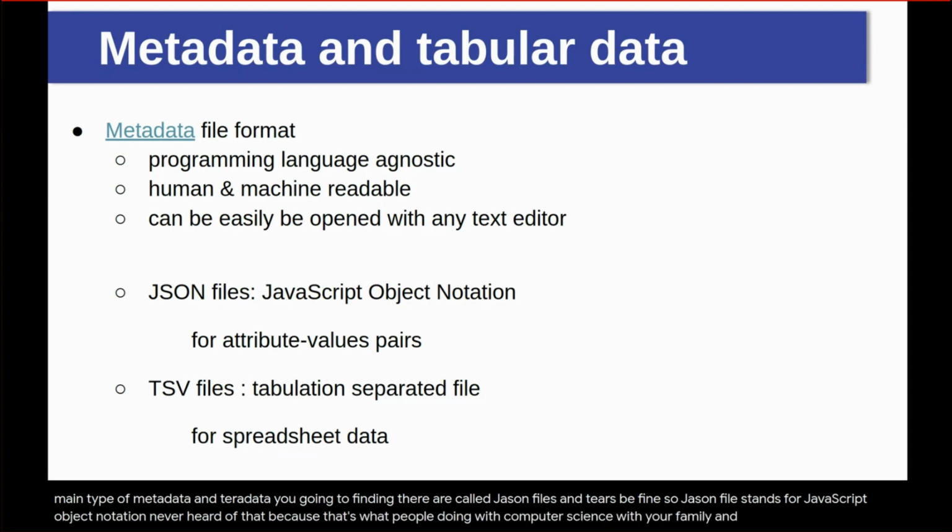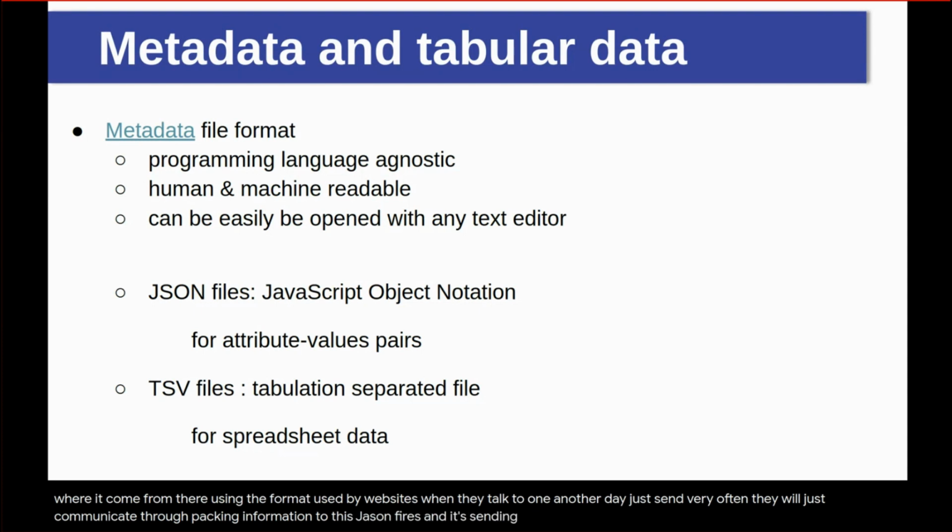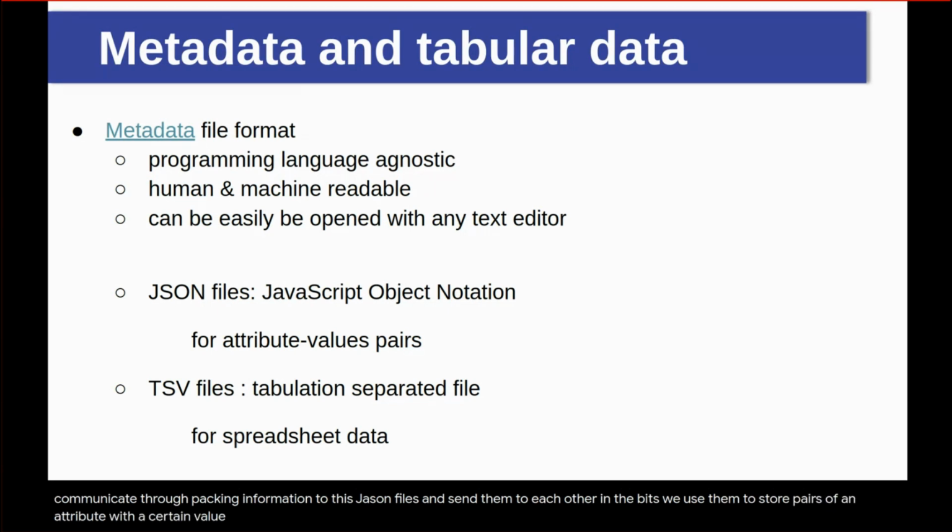Just so that you know where they come from, they're usually a format used by websites when they talk to one another. Very often they will communicate by packing information into these JSON files and sending them to each other, right? And in BIDS, we use them to store pairs of an attribute with a certain value. Sounds a bit abstract, but I'll give you an example right after that.